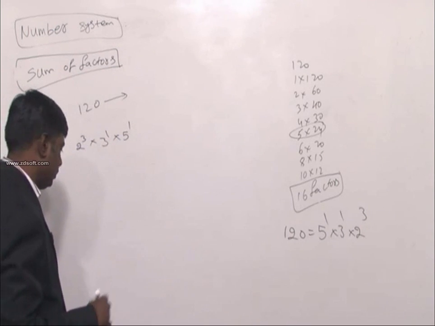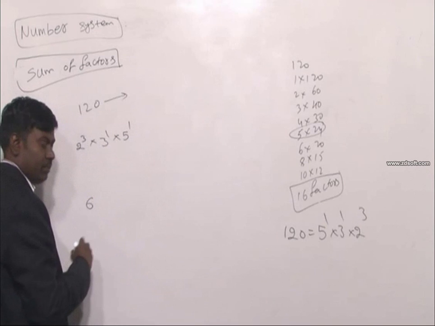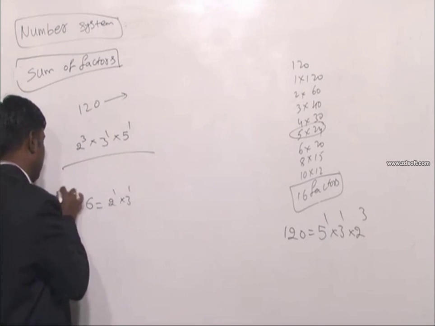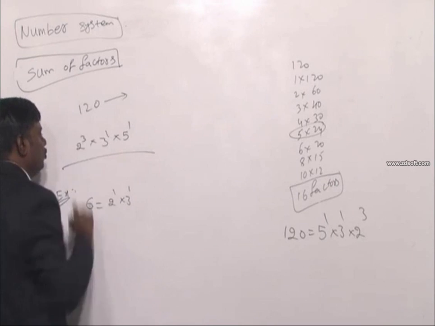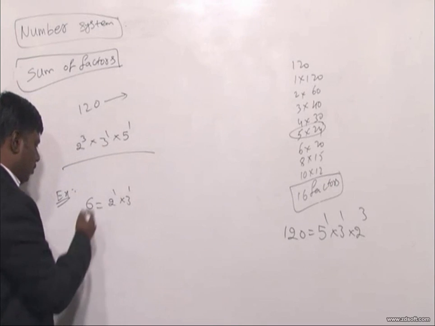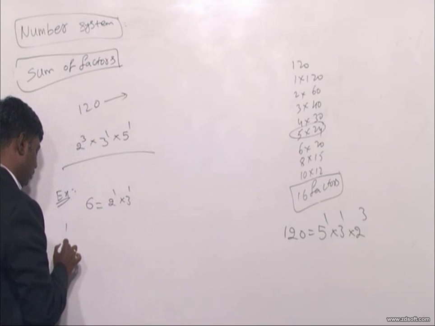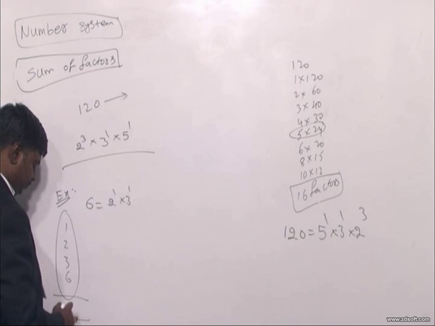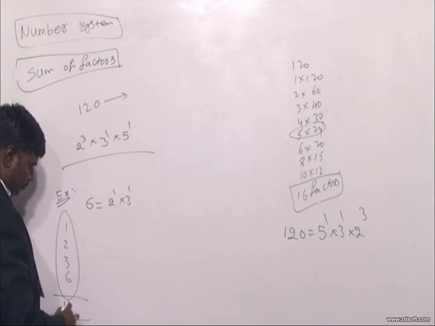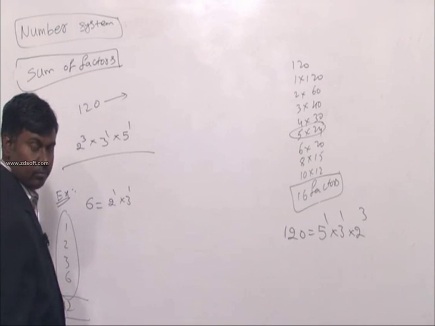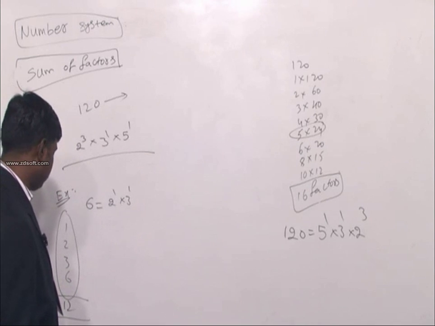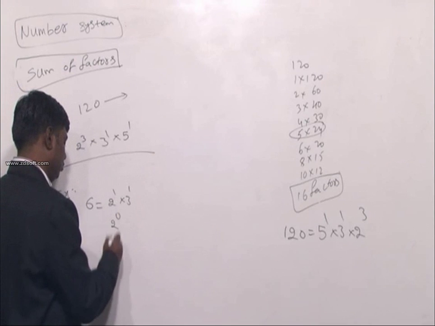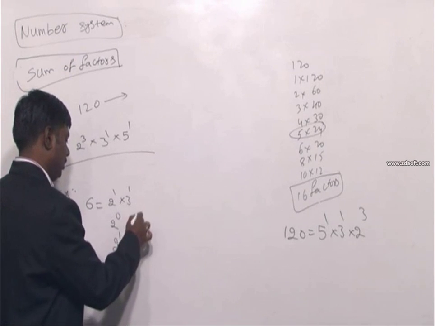We will start with a small number 6. 6 is equal to 2 power 1 into 3 power 1. We will start with this small example, then we can generalize that. So what are the factors of 6? 1, 2, 3, 6. Sum is 12. So let us consider 2 power 0, 2 power 1, 3 power 0, 3 power 1.